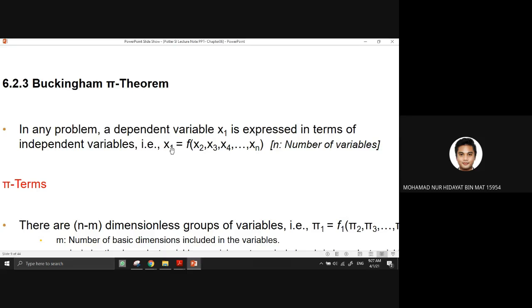So x1 refers to the dependent variable. Why do we call it dependent? Because x1 depends on the function of x2, x3, x4, and so on. Here inside the bracket are the independent variables. They do not depend on any variable at all. X2 is independent. Alright.